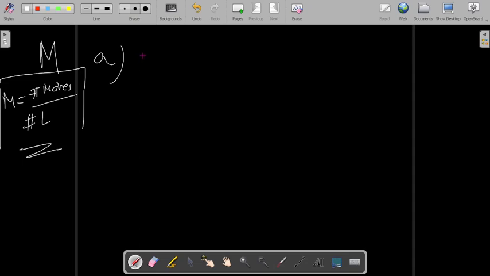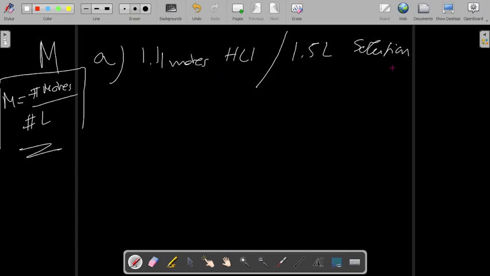So for A, they say that we have 1.11 moles of the hydrochloric acid. It says they are dissolved in enough water to make 1.5 liters of that solution. So basically we do have moles and we have liters.